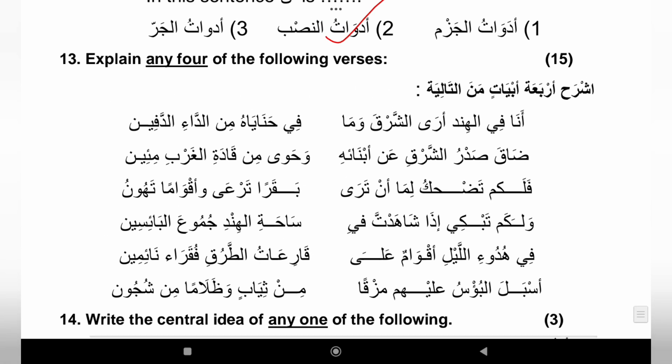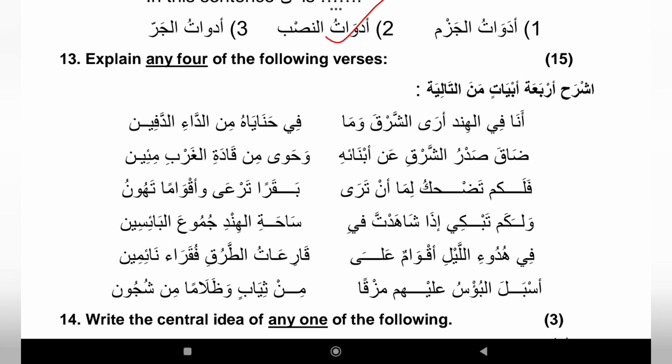And here 15 marks for explaining the lines. Okay, so this is also very important. I have made videos on my YouTube channel before, with the explanation of all the chapters, so you can go and watch them. You should study the explanation of all the lines.